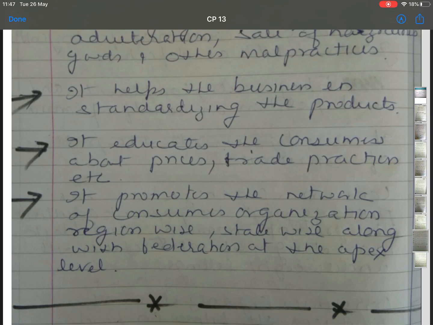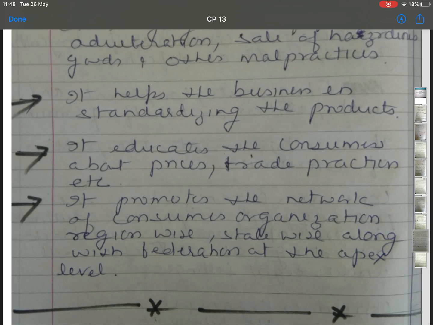The cancer of corruption has spread today to all areas of public life, all professions and the voluntary sector also. We have seen consumer organizations have to face this evil also. In some organizations there is corruption also.